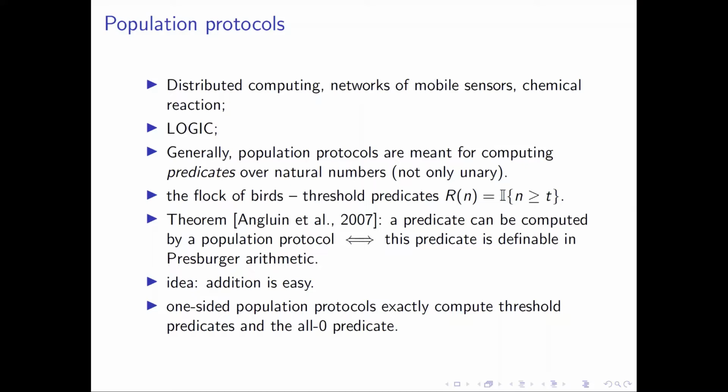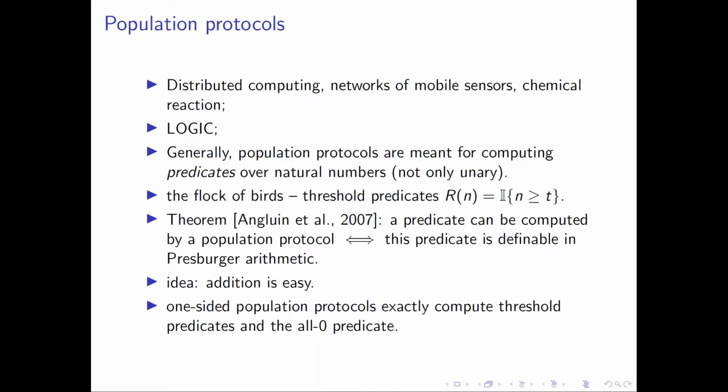Namely, population protocols can be defined for computing predicates over natural numbers. In the case of the flock of birds problem, we are computing threshold predicates. These are predicates that for a given natural number n decide whether n is at least some fixed threshold t.